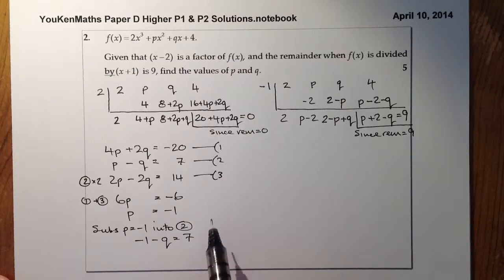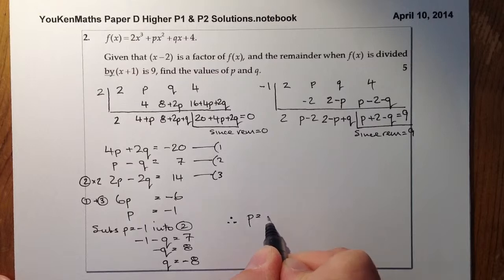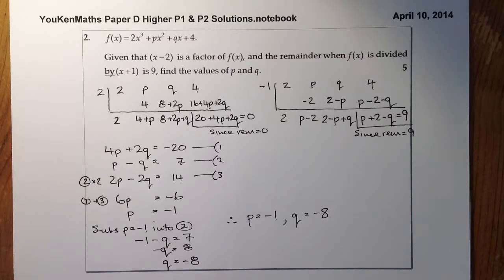So minus q is going to be equal to 8, so q is equal to minus 8. Therefore p is equal to minus 1, q is equal to minus 8, and that should be the question complete.